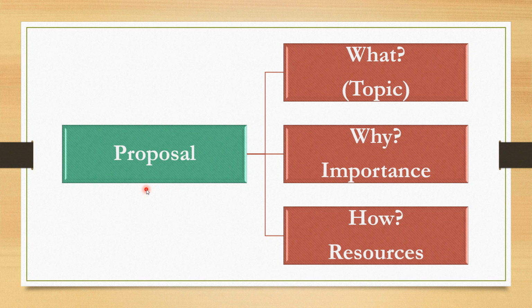That means how you will complete this research project within the given time frame and by the use of given resources or funds. So, for writing a proposal, we have to answer these basic questions: what, why, and how. What is your topic, why is it important, and how will you accomplish your research by using the given time frame and given resources.